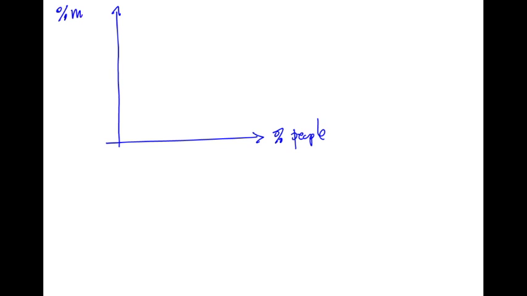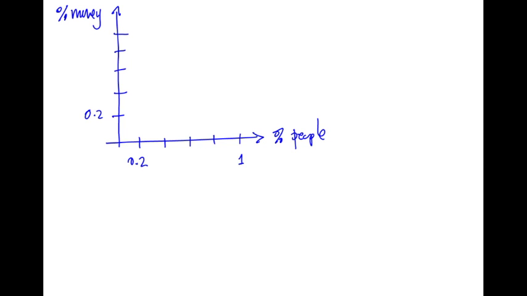Let's try to plug these 5 points in a graph. On the horizontal axis, we have percentage of people. On the vertical axis, we have percentage of money. We have 0.2 for one person, 4, 6, 8, and 1. And here, 0.2 for 20 euros, 4, 6, 8, and 1.